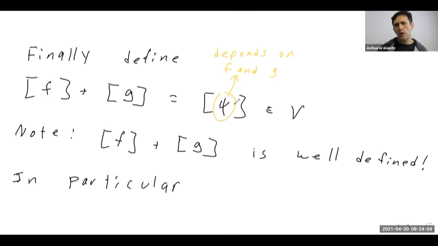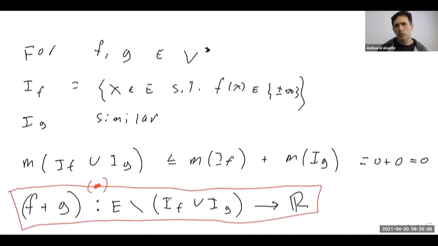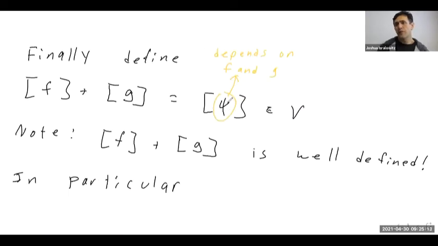And there's also the question of if we pick a different extension. Remember I said this could be any extension of f plus g where it's certainly defined. What if we pick a different extension? Does that give me a different class? I guess technically it may very well. Let's show that it doesn't. Let's show that no matter what representative of these two classes I pick, I'm going to get the same answer.